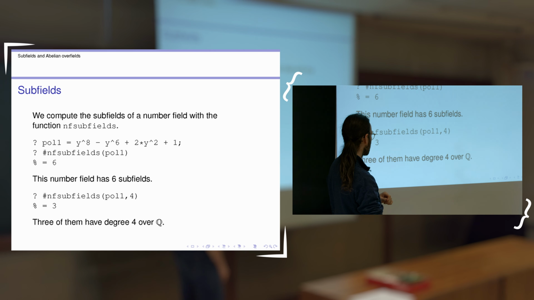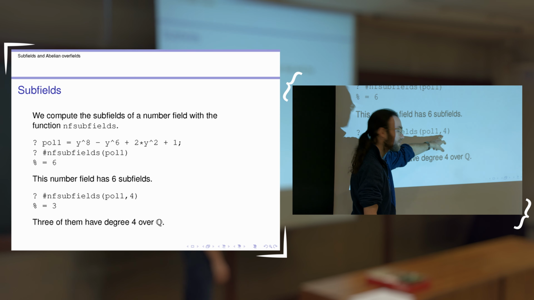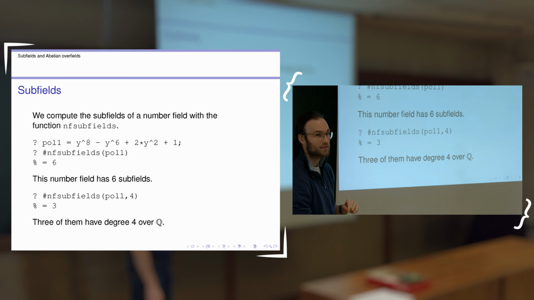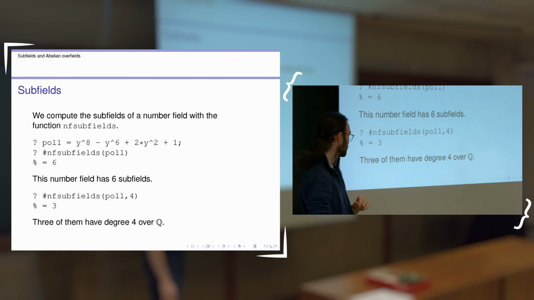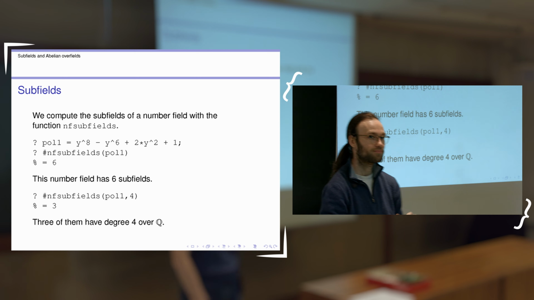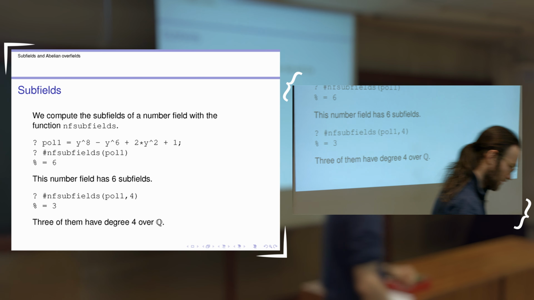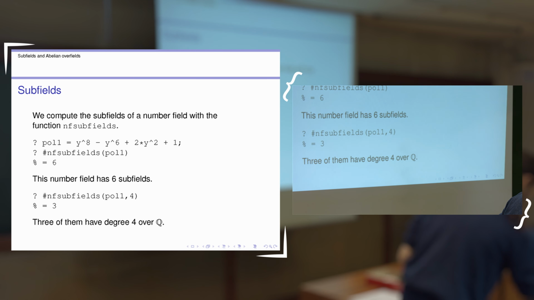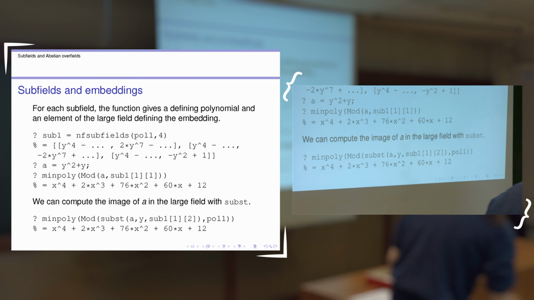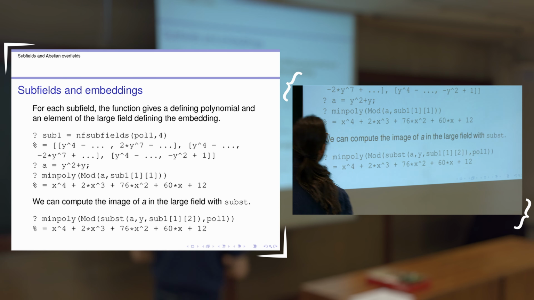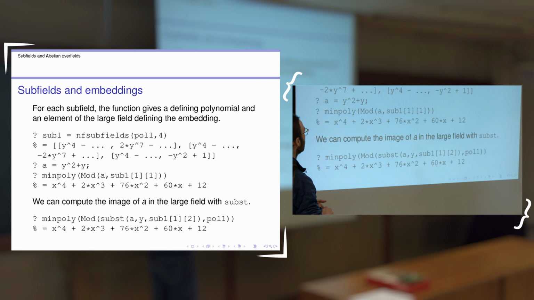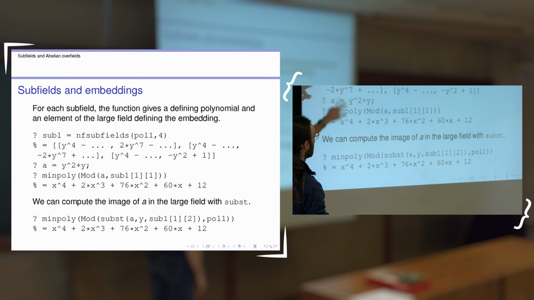And if you want to restrict to subfields of a given degree, you just give the degree as a second argument. All right, so the subfields are given as pairs.